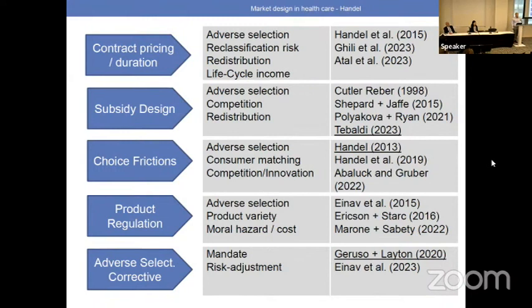Finally, two other areas to mention. One is product regulation, which is really relevant in healthcare markets, where we're thinking about just defining what are the products that insurers are allowed to offer? What's the actuarial value that's allowed? What services are they required to cover? How do we structure cost sharing in Medicare Part D plans?